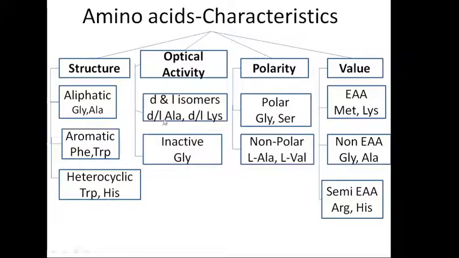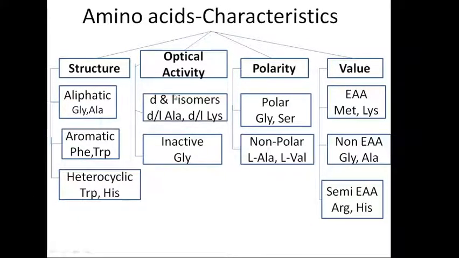On the other hand, if they are able to rotate the light towards the left, then they are denoted as L or minus and called by the name levorotatory. So, what does this indicate? The D and the L isomers indicate that they are optically active, have the ability to rotate the light of polarization either to the right or to the left.